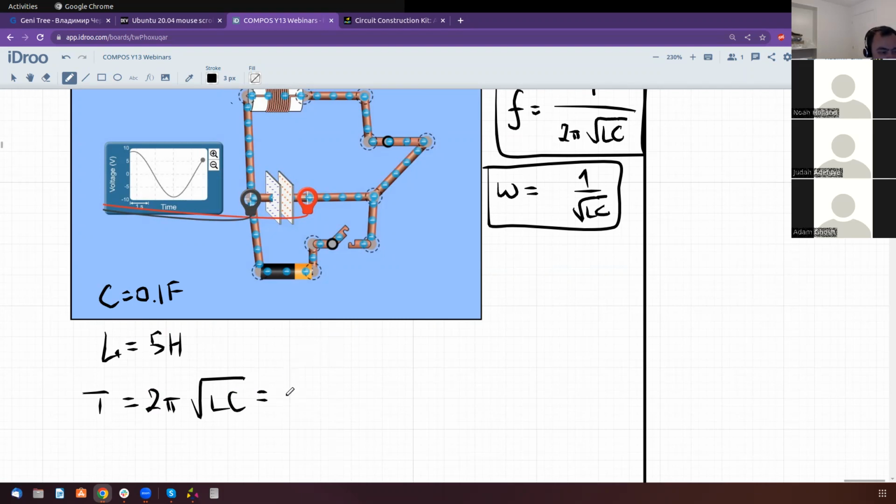So that is 2 pi square root of 0.1 times 5. So 4.44 seconds.